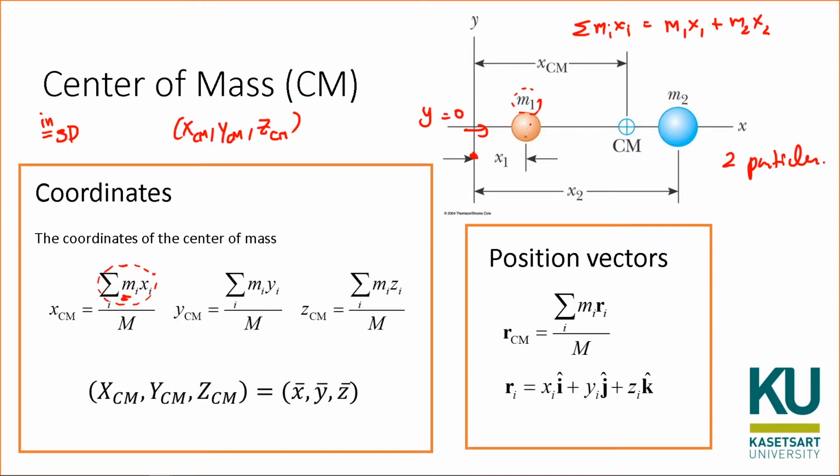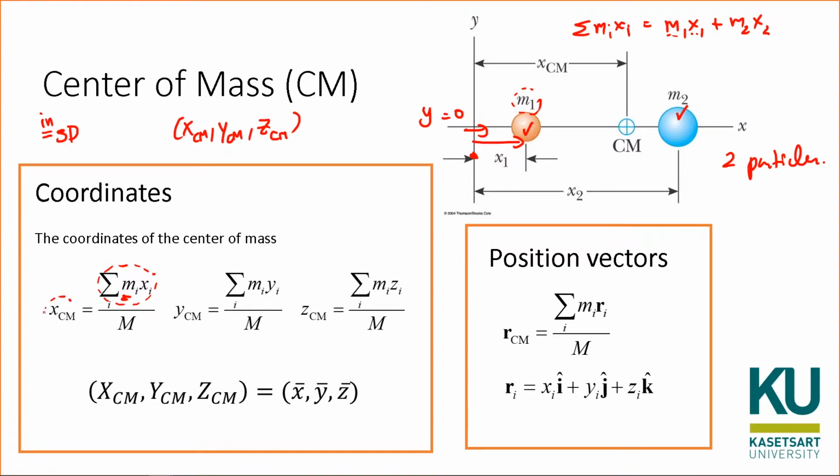And what is m1? M1 is this part. x1 is this distance from the axis. How about m2? M2 is this mass, and x2 is the distance. So you multiply mi xi and sum like this.